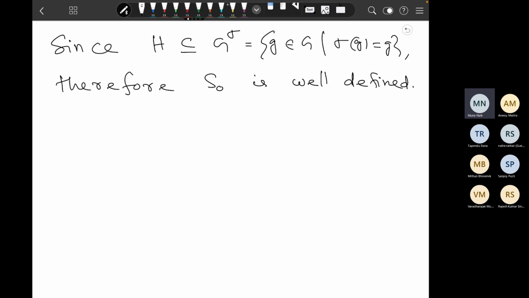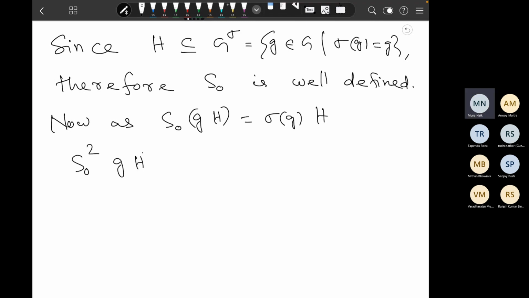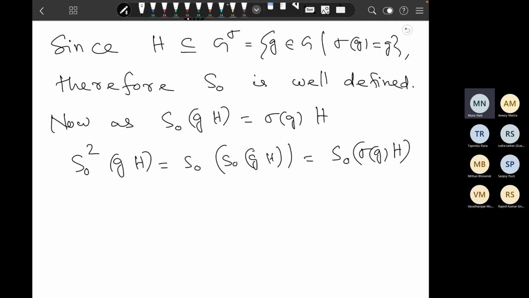Now S_o(gH) is equal to sigma(g)H. Therefore S_o squared of gH is S_o of S_o(gH), and this is really S_o of sigma(g)H, and this is really sigma squared of g H, by definition.